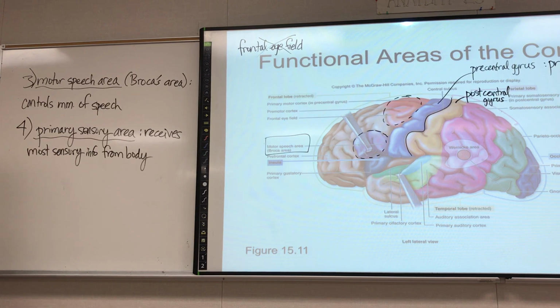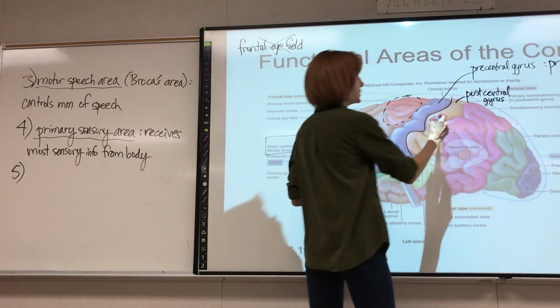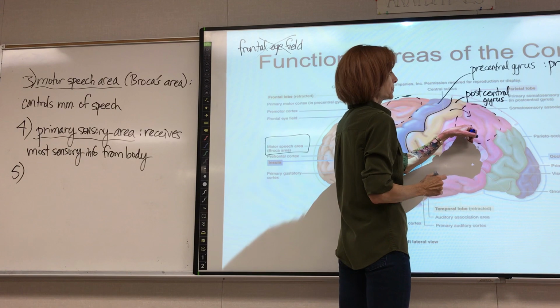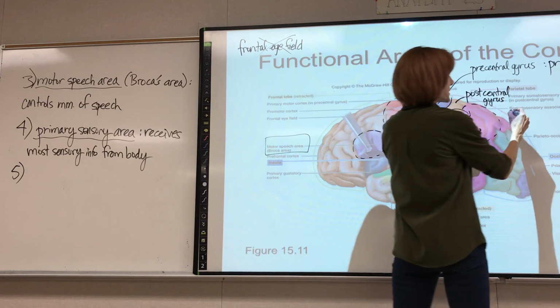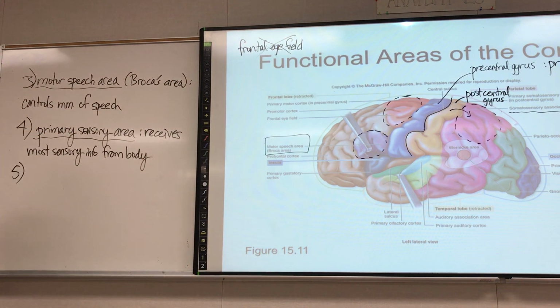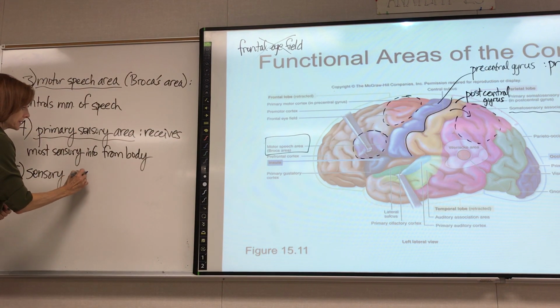It's not vision or hearing or taste, smell, any of those. Okay, so the information now is going to go into this area here, just behind the postcentral gyrus. This is called the somatosensory association area. So again, association area is stored memories. You can also just say sensory association area.